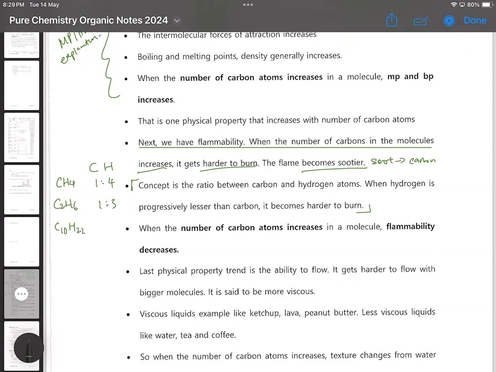Further on, C10H22 drops to 1:2.2 already. So you can see as the molecule gets bigger, the hydrogen gets progressively less compared to the carbon. Because of the lower ratio of hydrogen in the formula, the hydrocarbon does not burn that well, because the hydrogen part is the one that makes them burn pretty good.